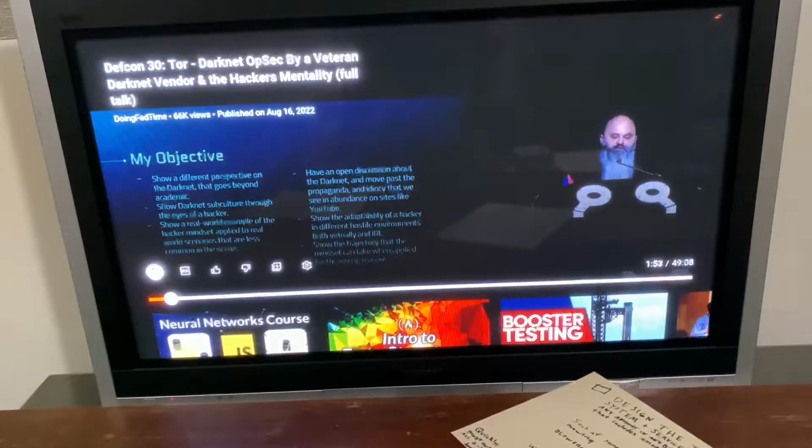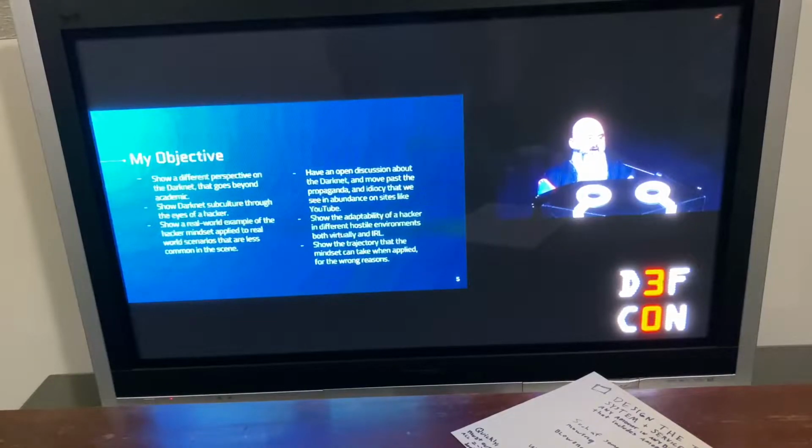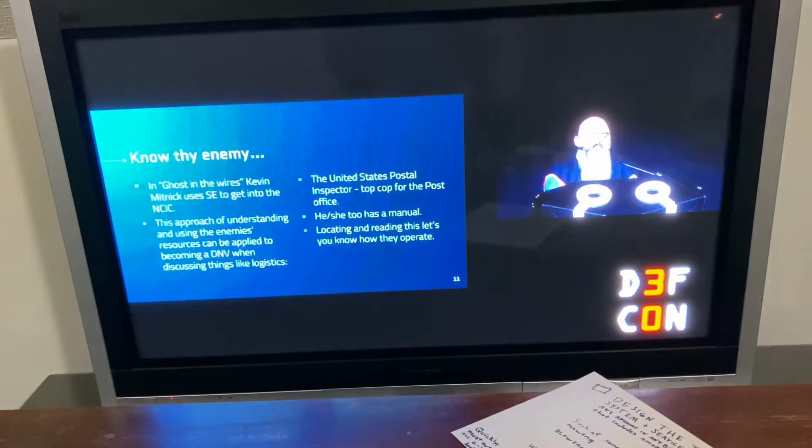My objective with this talk is to give a different perspective than typically what's given at conferences or on the mainstream media, from someone who's actually been there, not just studied it from a distance or speculated on it. There's a book that Kevin Mitnick wrote called Ghosts in the Wires, and I took his approach when looking at operational security from that, specifically the part where he called up law enforcement and social engineered them to allow him to use the NCIS system that they have.